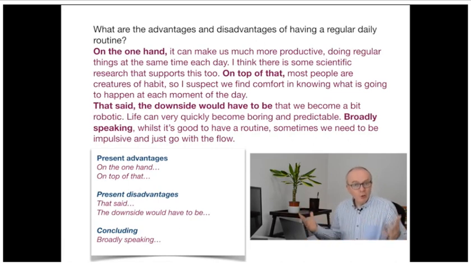And then to conclude, broadly speaking, whilst it's good to have a routine, sometimes we need. Whilst it's good to do this, sometimes we need this. So there's an advantage and a concession, that kind of an opposite. Whilst it's good to, sometimes we need to.